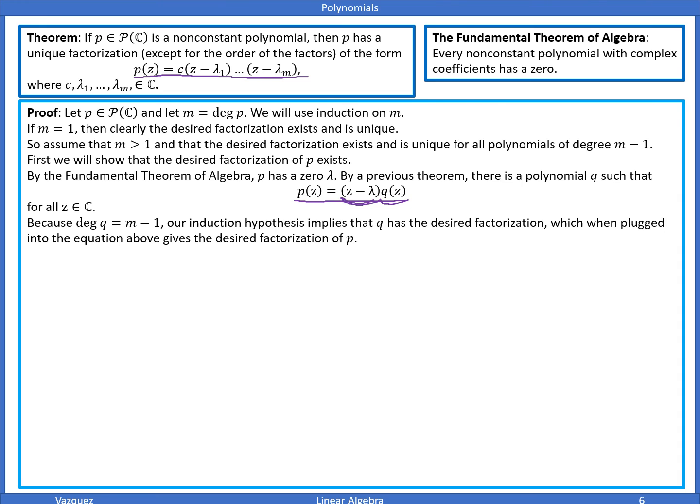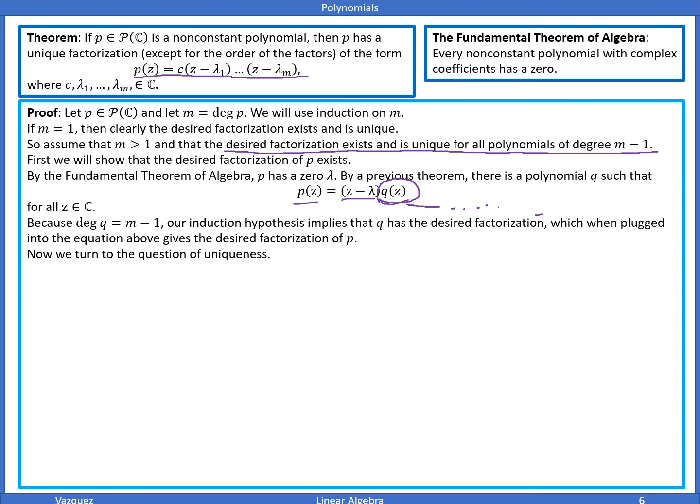Right? So here we're assuming that the desired factorization exists for all polynomials of degree m minus 1. What is that saying? That the desired factorization for q of z exists. Well, if we just factor that out, then we have this factor and all these other factors of q(z), which then gives us our desired factorization of p.